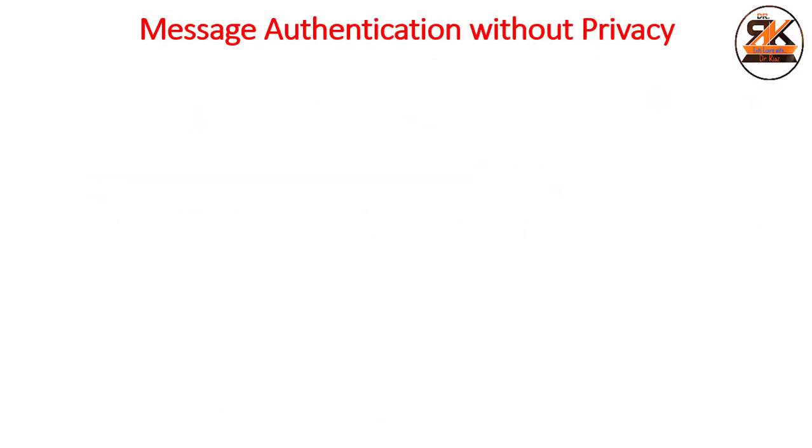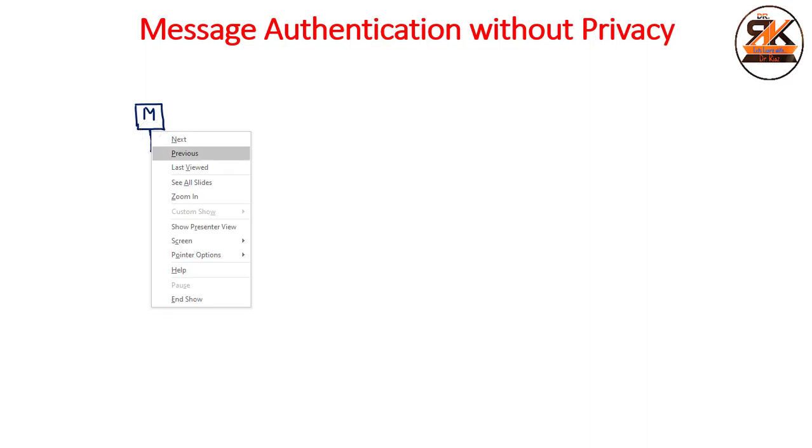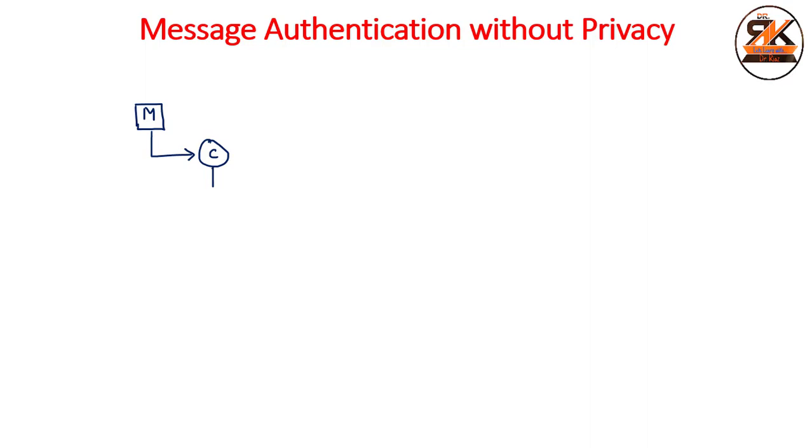Message authentication without privacy. So message authentication code without privacy. I will draw a structure for that here. We are not using privacy here, but we are computing the MAC. Initially we have a message M that we want to transmit, and this message M will be given to a function, and here the function is represented with this letter C, and to this function a key K is applied.